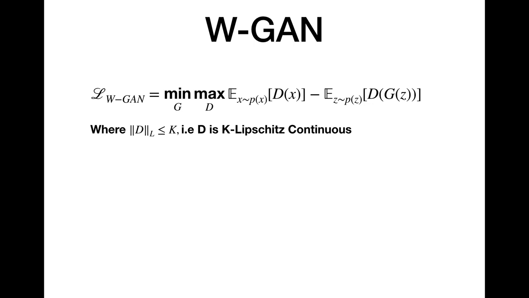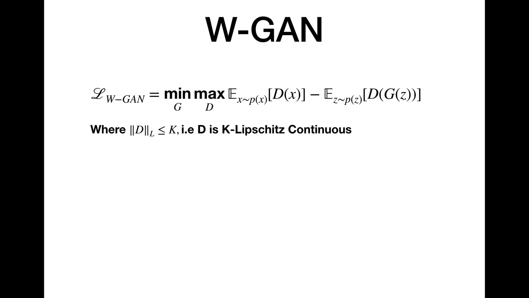This means that the discriminator no longer predicts a probability for the image being real or fake. Instead, it predicts a score for the image being real or fake. Ideally, the discriminator would want to predict a score of positive infinity for real images and negative infinity for fake images.